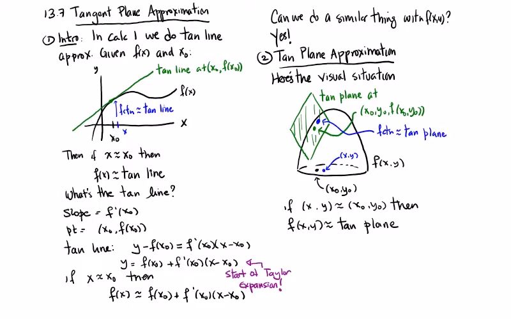So then this leads us to the obvious question: well, look, if we believe all this, what is the tangent plane? In other words, what is an equation of it?